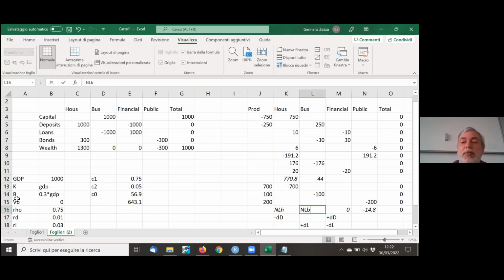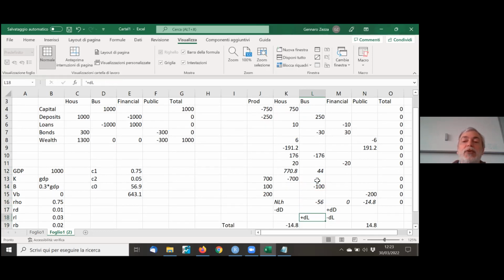So that this will be the net lending. It should be the difference between, yeah, sorry, this was the disposable income and this the investment expenditure.